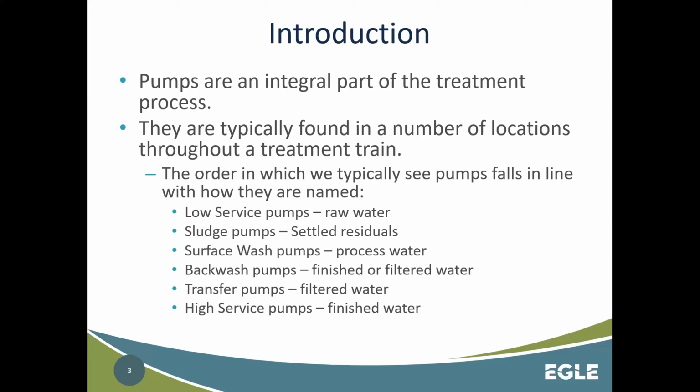The low service pumps are going to be pumping that raw water from the intake. There are sludge pumps at the treatment plant itself, and those are exactly what they sound like. They're moving those settled residuals, the sludges that have settled out in the clarifiers, and we're taking that sludge and pumping it through.